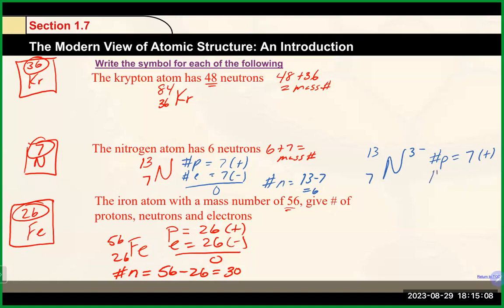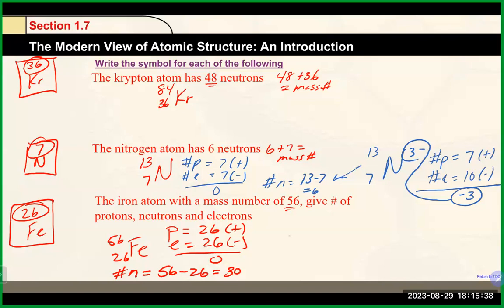The number of electrons in this case is going to be 10 electrons. So 10 negatives plus 7 positives leaves you a -3 left over, right? And that is where the charge comes from, the number of electrons. The number of neutrons here will be the same, because they both have that. So in this particular case, that has a negative charge, it is only the number of electrons that has changed.